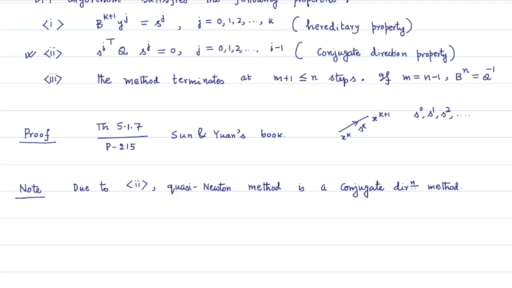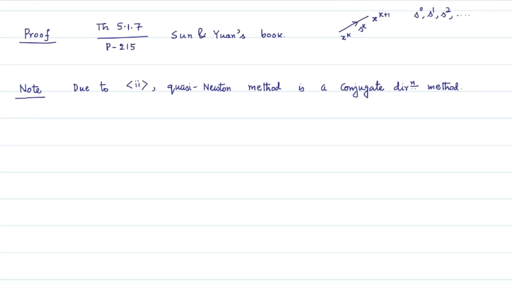Next, we discuss an algorithm known as the BFGS Quasi-Newton method that alleviates this problem of the matrix Bk becoming nearly singular in the DFP method. The BFGS method was discovered independently by four optimization specialists: Broyden, Fletcher, Goldfarb, and Shanno. All these four specialists derived a quasi-Newton update formula for computing the Hessian approximation.